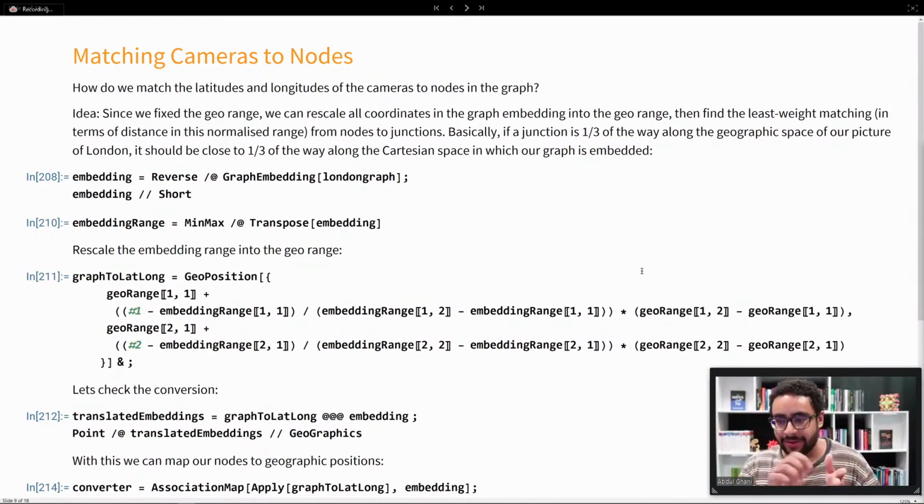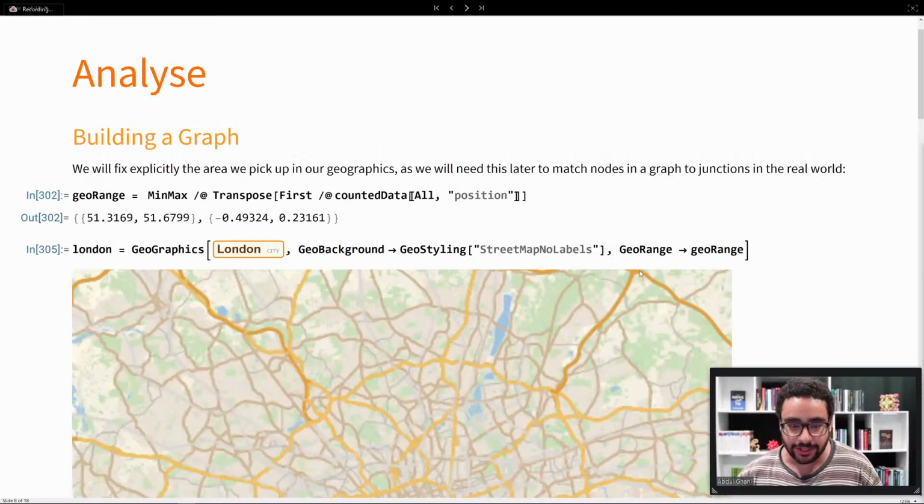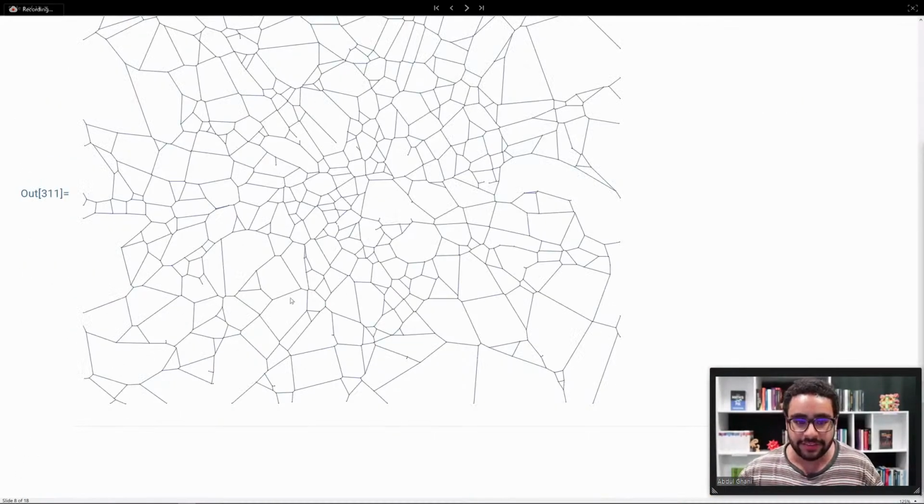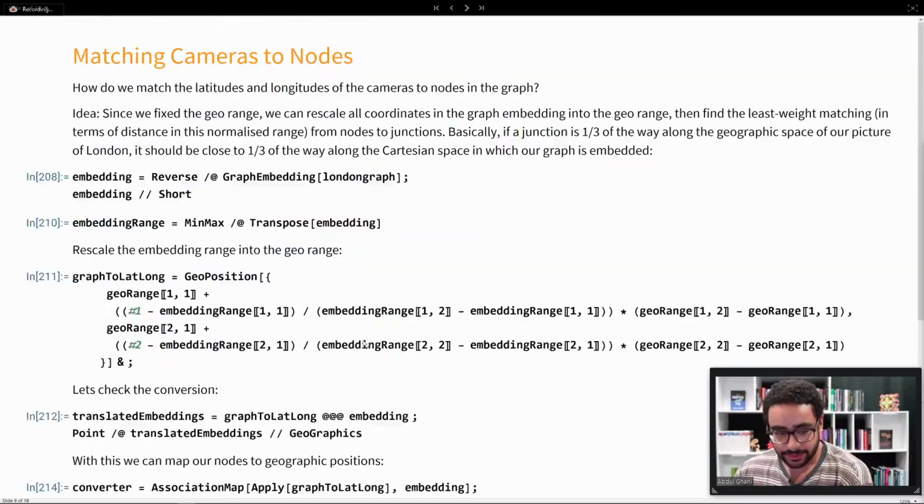And we have a camera that's 2 degrees along that range. So it's 2/5 of the way along the longitude. Probably then where it'll sit on our graph is 2/5 along the way of the Cartesian range, right? So that's what we're going to try and do.